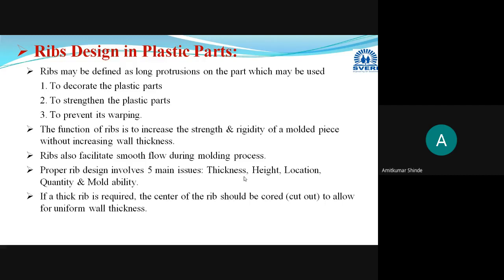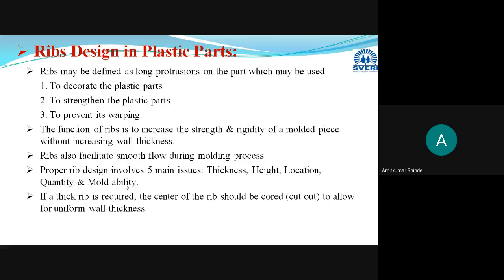Then, what should be its height? After that, where it should be provided, that means its location. And then after deciding the location you have to decide the quantity. Okay, and you have to decide the moldability, or how it will provide the smooth flow.